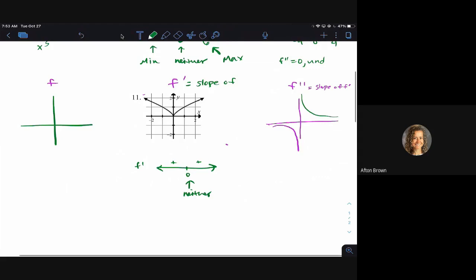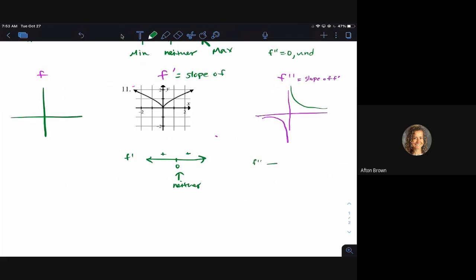Let's say I could talk about concavity. Second derivative is undefined at 0. Is the second derivative positive or negative for values to the left of 0? Negative because it's below the x-axis, and the second derivative is positive, which means the original function went from concave down to concave up.